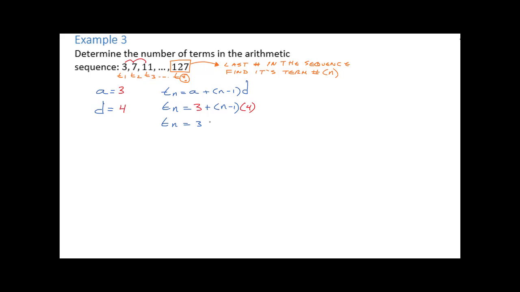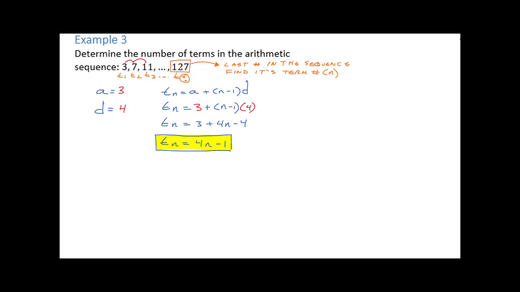We get 3 plus 4 times n minus 4, which gives us 4n minus 1. So we got our general formula. You generally need that for most of these questions. That's your first goal. Even when it doesn't tell you other stuff, try to find that first. Now that we've got that, we want to figure out how many terms are in this.